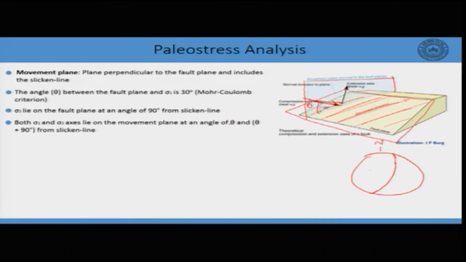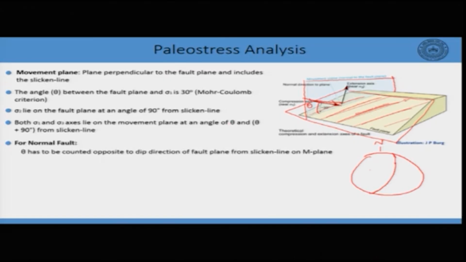Then how do we calculate theta for the normal fault? Since it is a normal fault, sigma 1 should be at a high angle. So we measure theta opposite to the dip direction on the movement plane, at 30 degrees from the striation line.